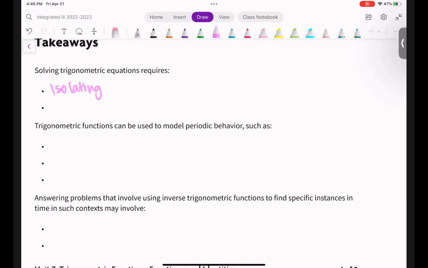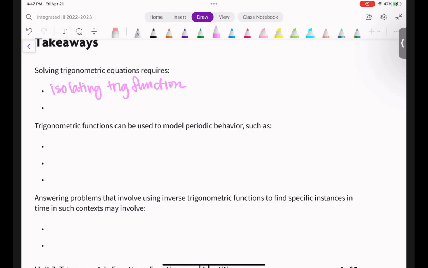But before you isolate the variable, you had to isolate the trig function, right? And so here's where we split. You either apply the trig function, like the trig inverse, or use your 30, 60, 90, 45, 45, 90.